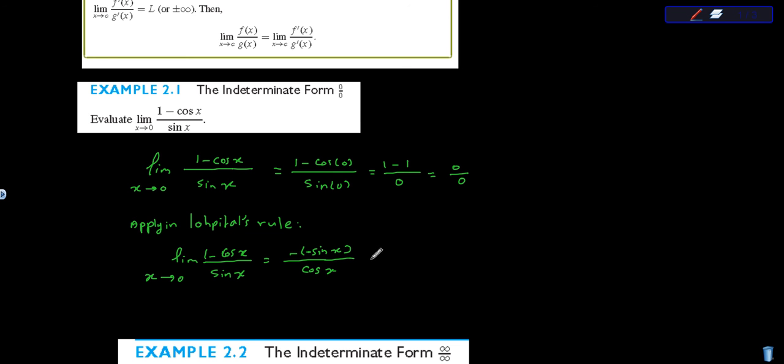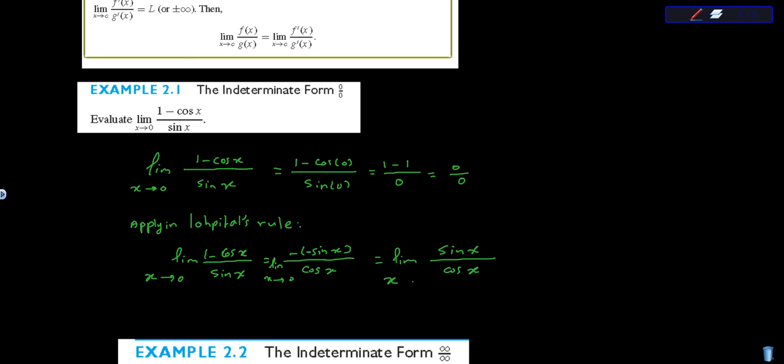Here we write the limit as x approaches 0 of sine x over cosine x.